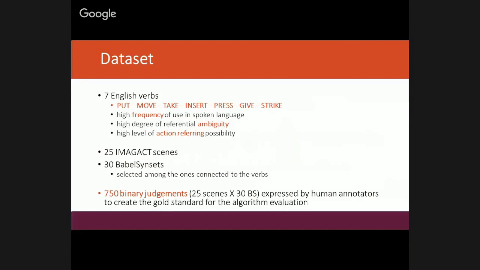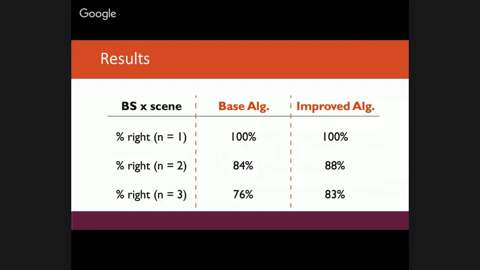For each pair, scene and synset, the annotator judges if the scene is appropriate to represent the synset. We have very good results of this matching, and for the details of the algorithm we can talk later.